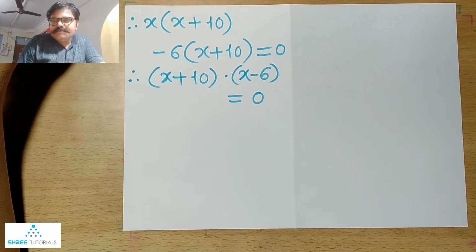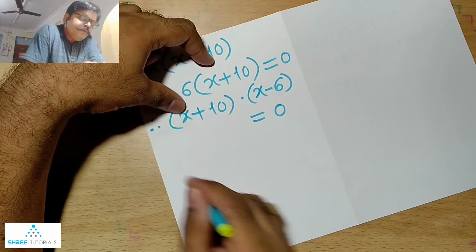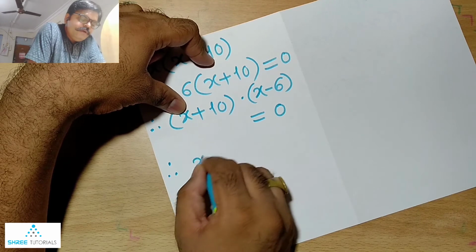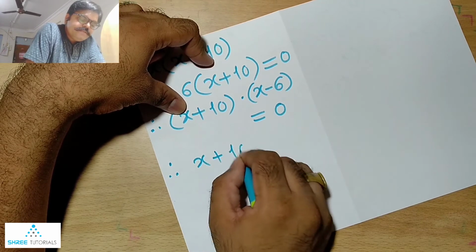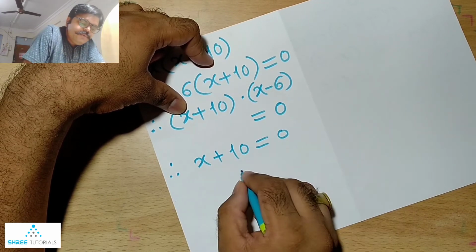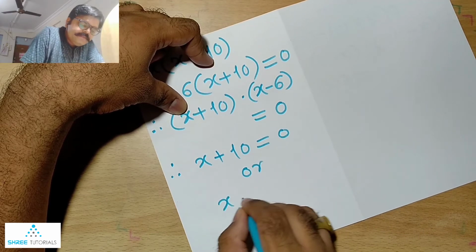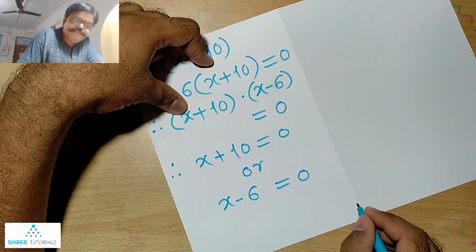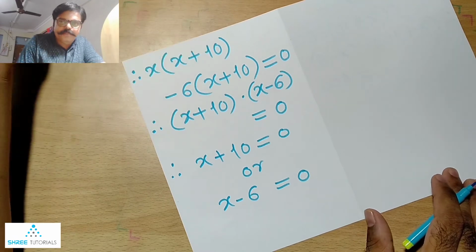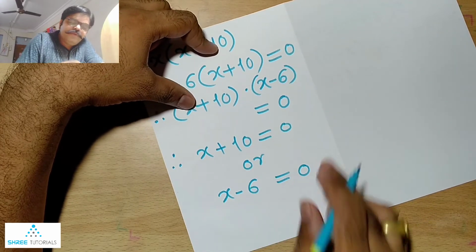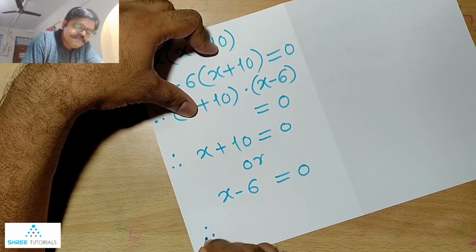One by one these brackets will be equated with 0, and therefore either x plus 10 will be equal to 0, or maybe x minus 6 is equal to 0. Both the values are possible over here. So we are going to calculate x's value from these equations.